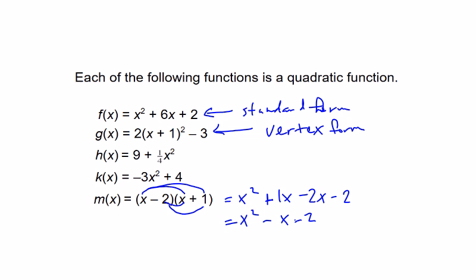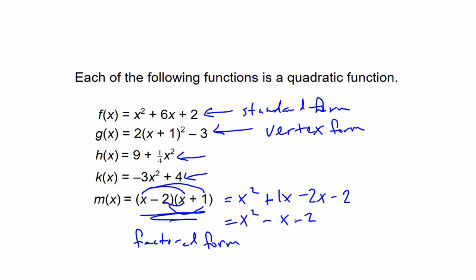And then this is a variation of standard form. Same with this. And then this is sometimes called roots form or zeros form, or factored form, maybe is the best way to put it, or the most common way to put it. Okay, so those are some different forms of quadratics.